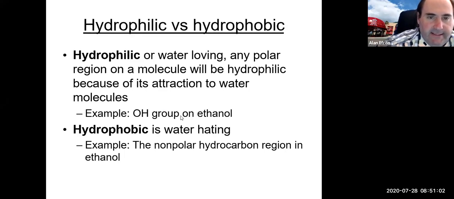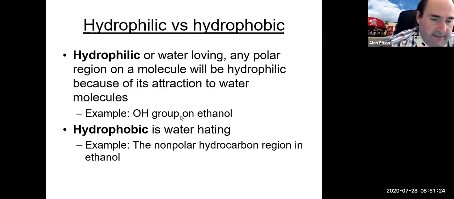And that brings up two terms that are sometimes used when we talk about water, liking water or not liking water. The first is hydrophilic, which means that it likes water a lot, and that's the polar parts of molecules.